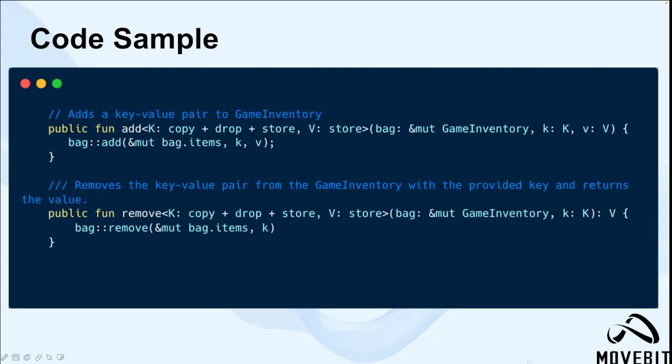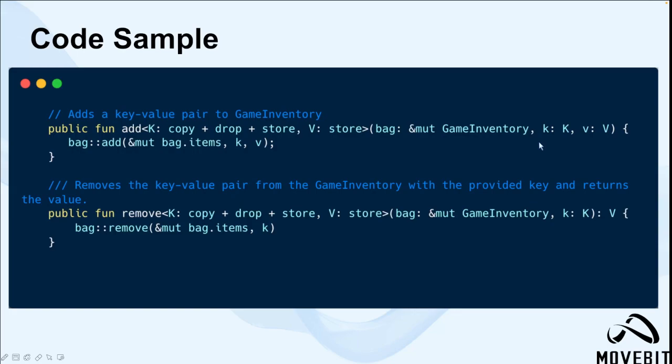Okay, we have those two functions, add and remove. Let's see the details of them. For the add function, it takes three parameters. The first one is a mutable game inventory, which is a reference to the game inventory object. And then we have a key for the generic type K, which must satisfy the copy, drop, and store capabilities.